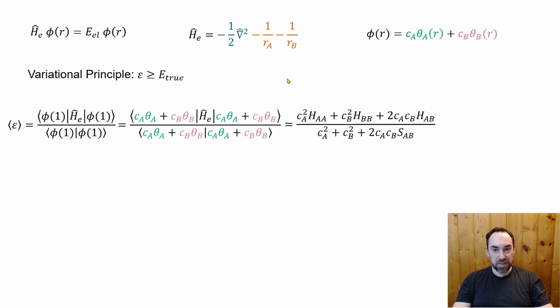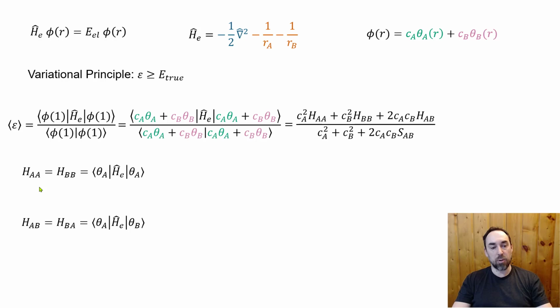So far so good. Let's look at what these terms that arose are. So H_AA is the same as H_BB, and is nothing else than theta A, electronic Hamiltonian, theta A, integrated over all of the space. So that is one of the matrix elements, one of the Hamiltonian integrals that we are looking for.